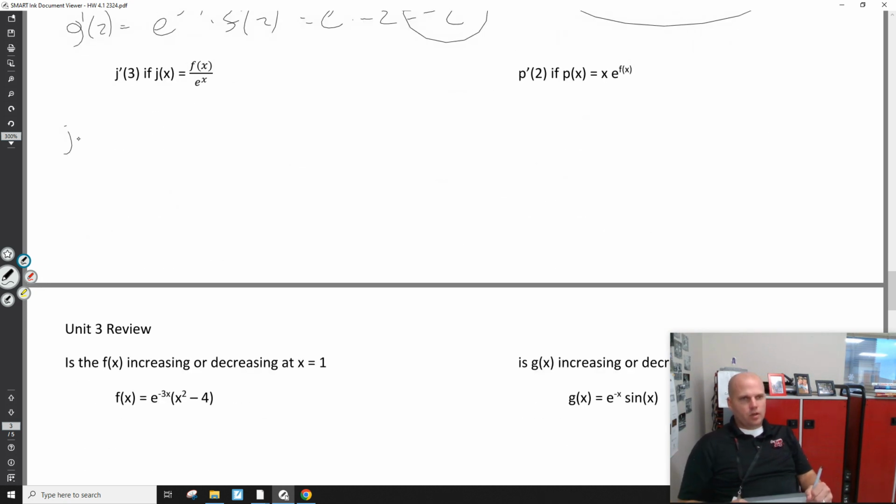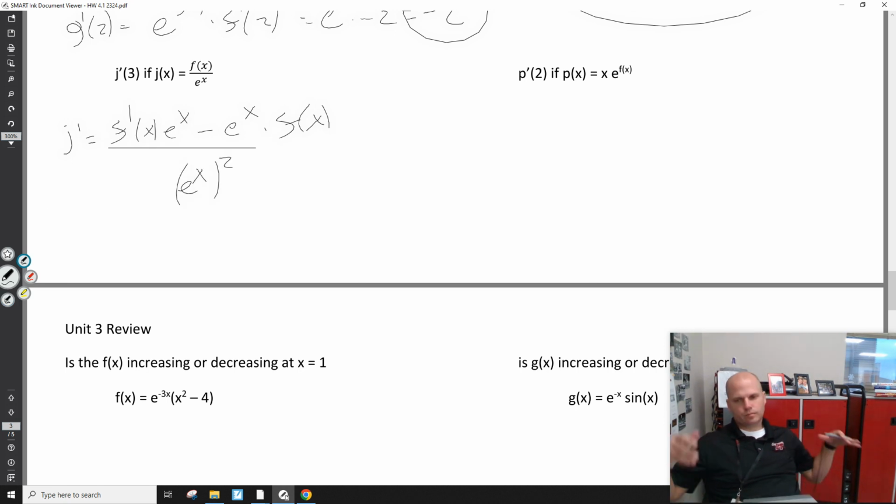Take the derivative, use the quotient rule, the derivative of the top times the bottom, minus, hope I didn't mess up earlier, minus the derivative of the bottom times the top, all over the bottom squared. E to the x squared is the same as e to the 2x, power to a power.